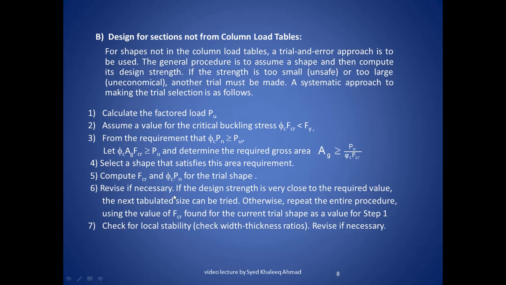If the design strength is very close to the required value, the next tabulated size can be tried, otherwise repeat the entire procedure using the value of Fcr found for the current trial shape as a value for step 1. Then we will check for the local stability, which is the lambda value, width to thickness ratios, and then revise if necessary if it is not satisfying that stability criteria.